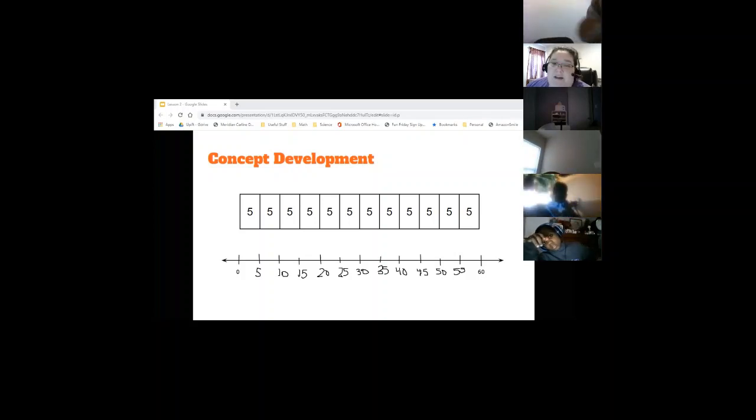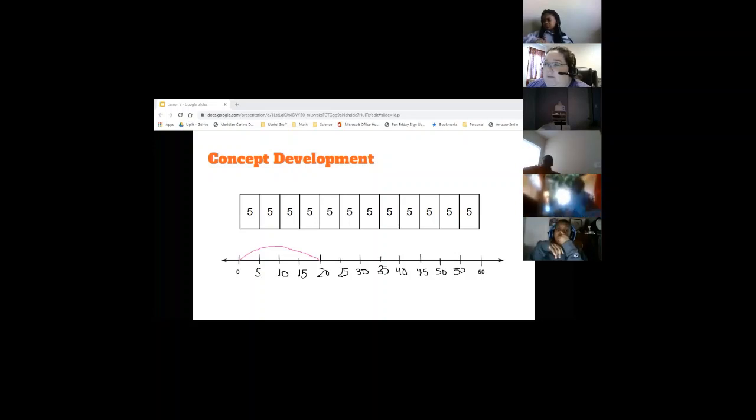So how many minutes, Kayvon, do you think are between 0 and 20? How many minutes do you think are between 0 and 20 on our number line?